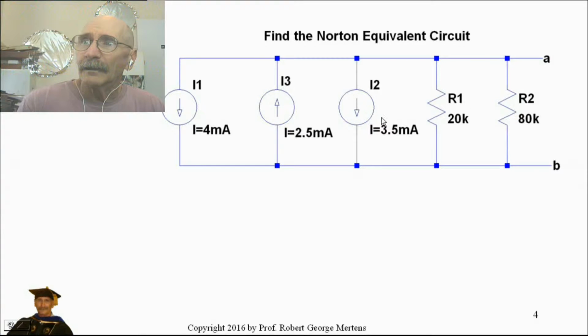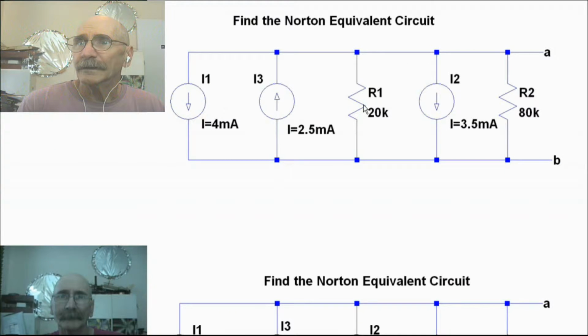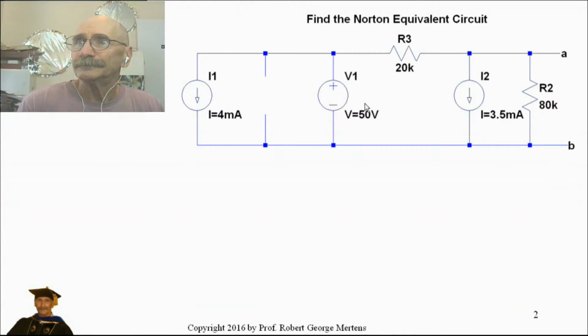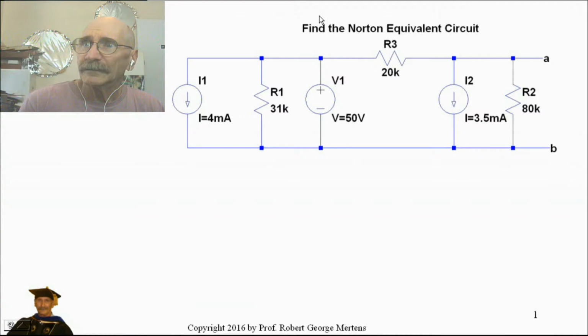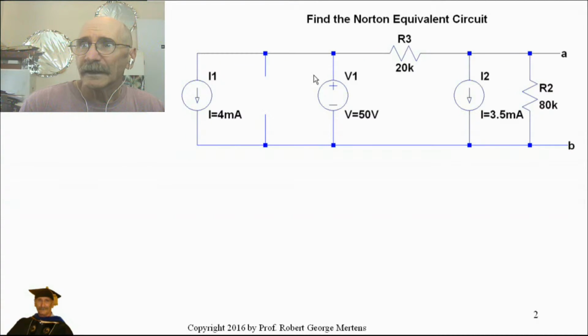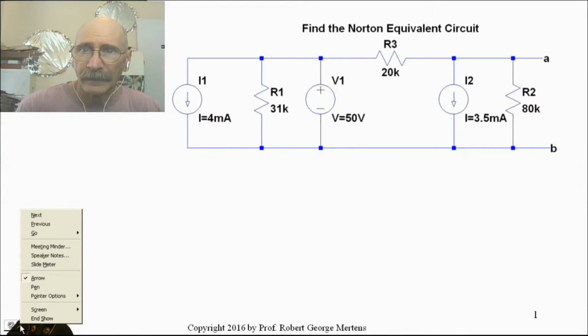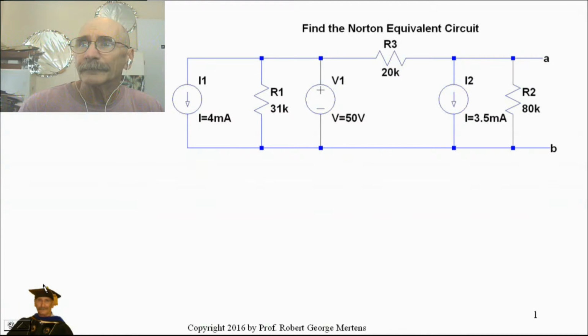Now, one thing I'm going to show during this source transformation is that when you look at these directions, remember the current flow is from positive to negative. And what this says is here's a positive terminal right here.